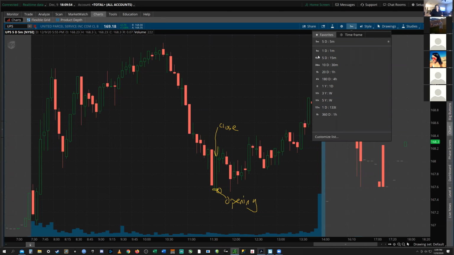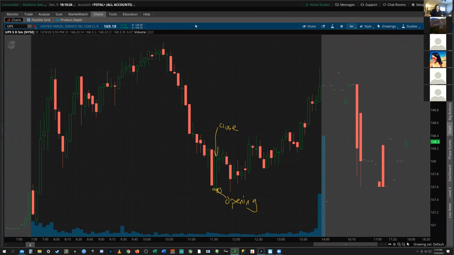M stands for minutes, H stands for hour, D for day, and that means each candlestick is that many minutes of data, over a time frame. So if I select 15M, 5D would mean 5 days of data, and each candlestick is 15 minutes. But for right now, I'm on 5 days and 5 minutes. Let me just erase that real quick.